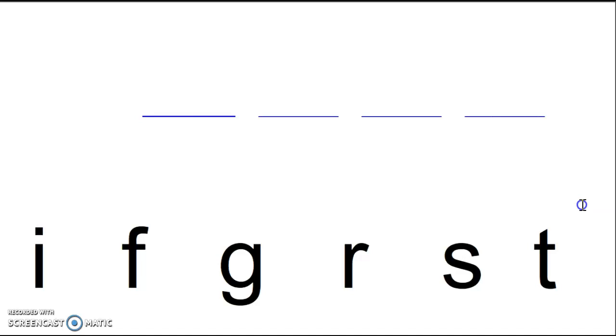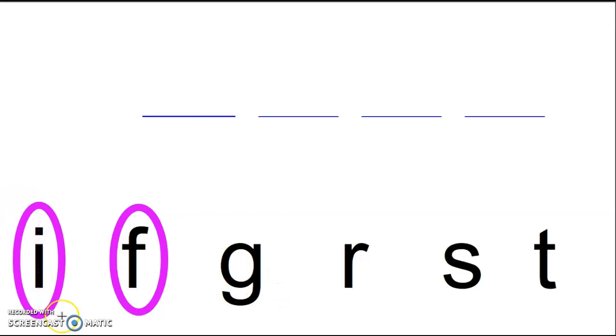What letter makes the F sound? Correct. F makes the F sound. Our second sound is I. What letter makes the I sound? Letter I makes the I sound.